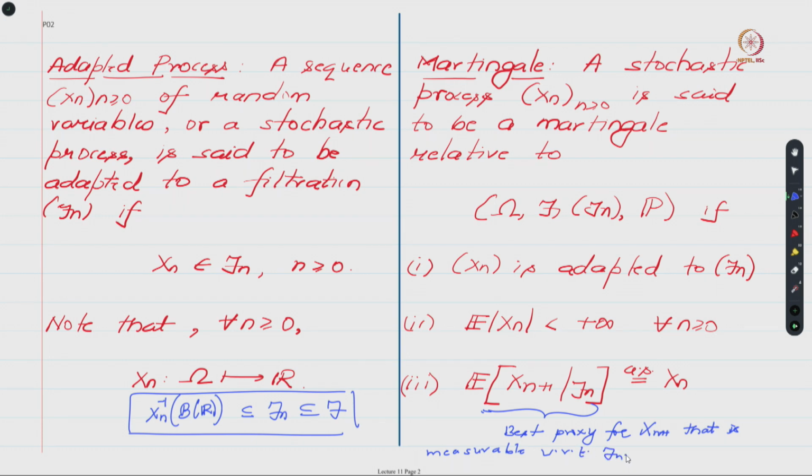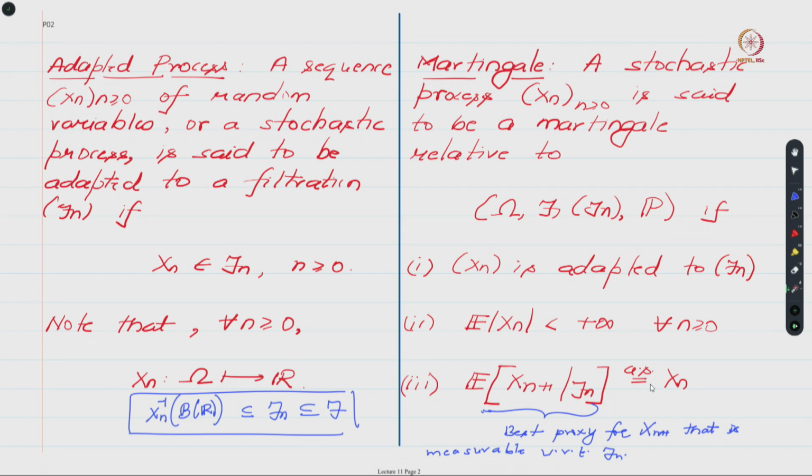Okay. So the conditional expectation is the best proxy for Xn plus 1 that is measurable with respect to Fn, right, and we require that the best proxy for Xn plus 1 that is measurable with respect to Fn be Xn itself, and since we have presumed that Xn is adapted to Fn, this Xn will indeed be measurable with respect to Fn, right. So, let us quickly recap what a martingale sequence is.